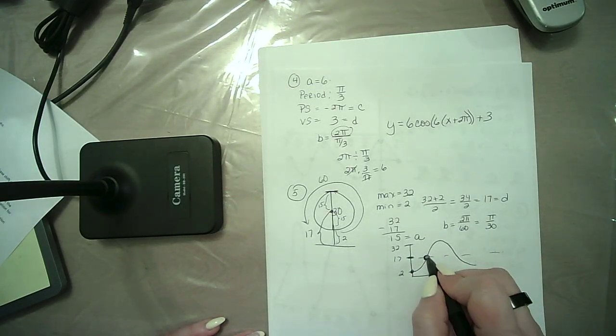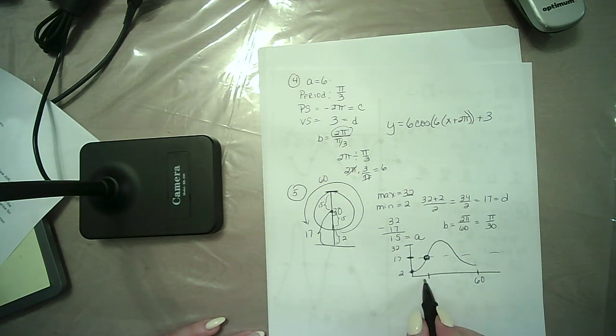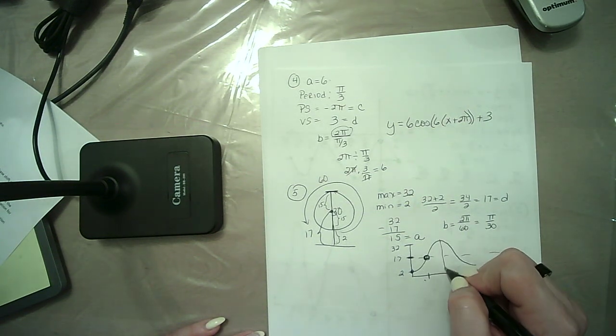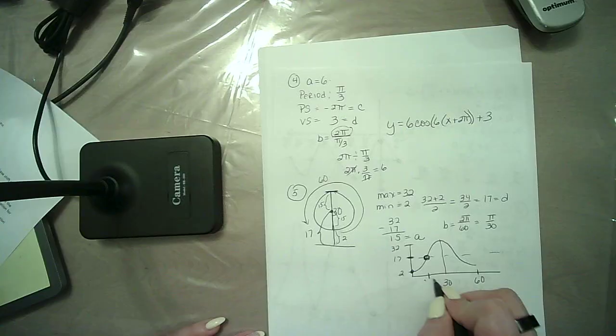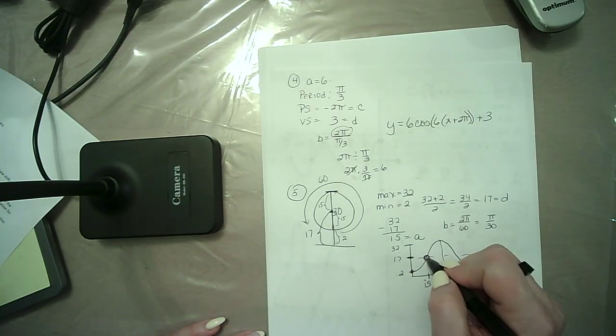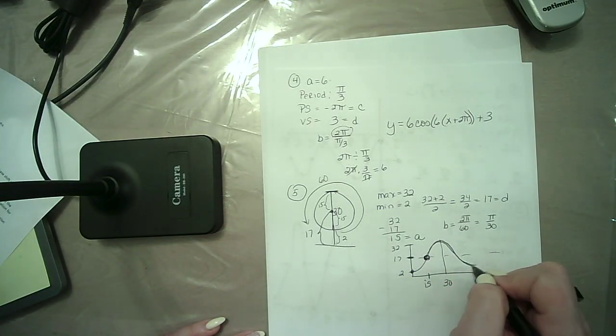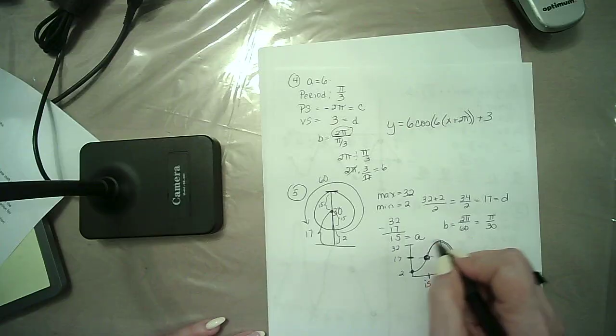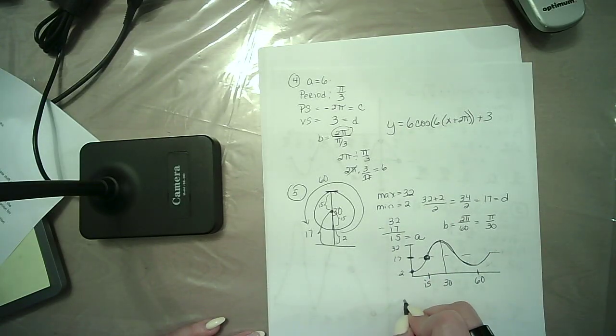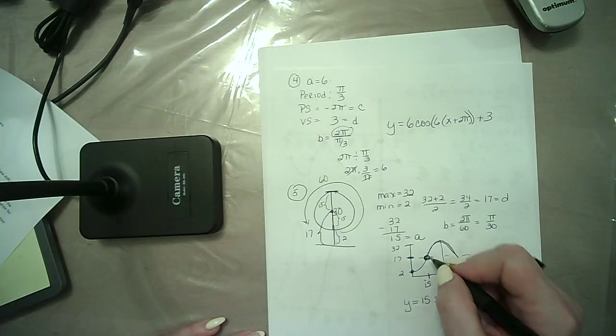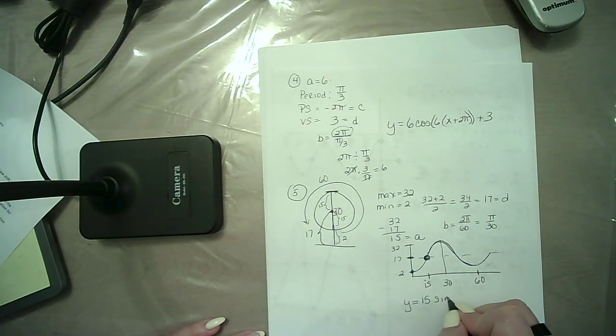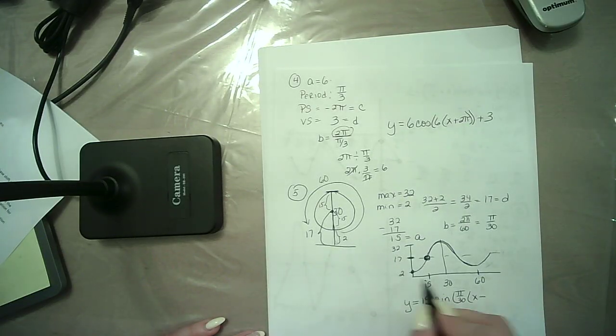So a sine curve is basically going to start here, which is 1/4. Well, the middle is 30, so this has to be 15. So if I shift this graph over here, I'll have a sine graph, and it's a positive sine. So y equals, my amplitude is 15, it's positive because it's going up, sine, my b is pi over 30, but I shift now over to 15.